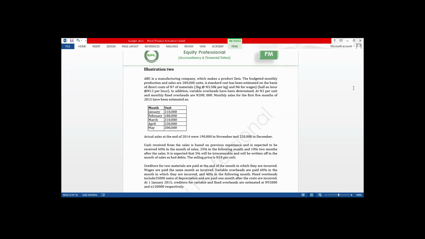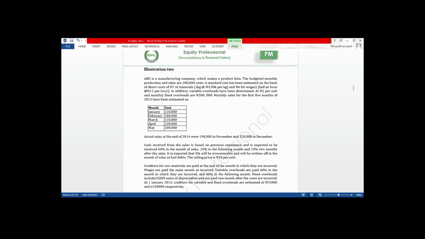All right. In addition, variable overhead has been determined at 2 naira per unit. Monthly fixed overhead is 200,000 naira. Monthly sales for the first 5 months of 2015 have been estimated as follows. Look at it.